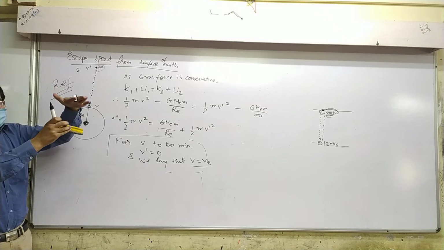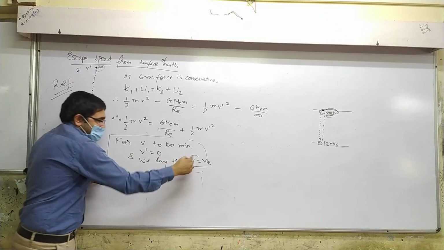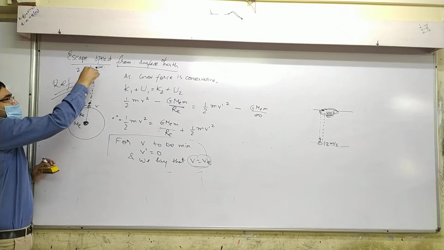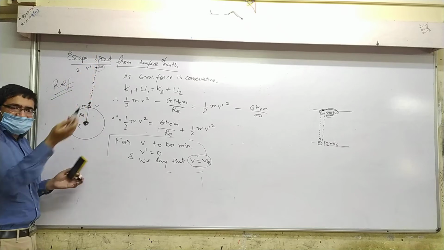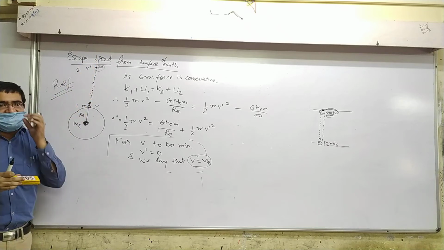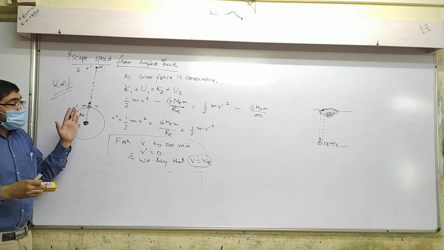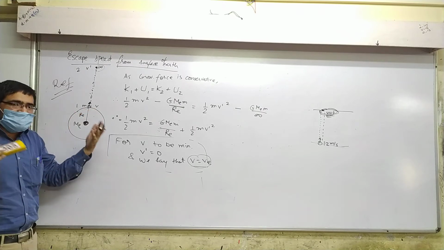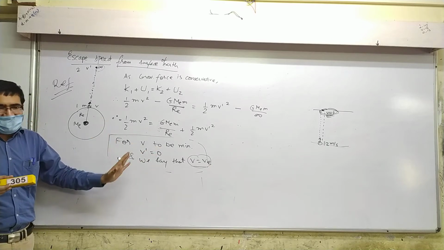If you increase the speed more than VE, it will not come back. Clear or not clear? Yes. Make sure you get it right. So if it's even faster, it will still not come back. So this is the minimum.